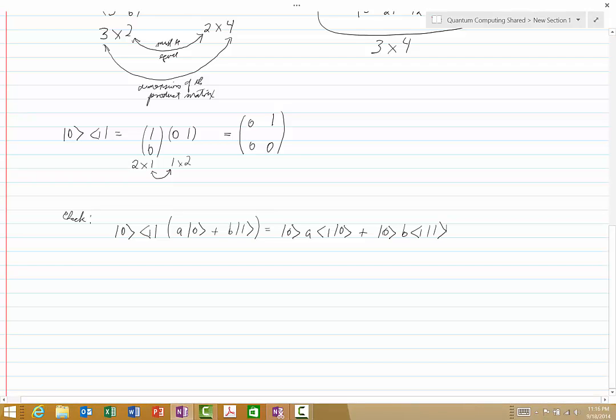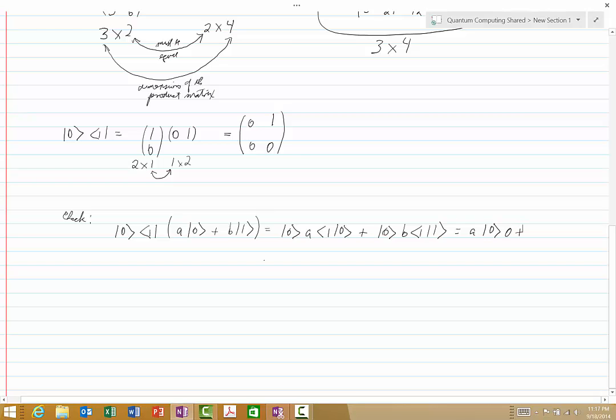And this will give us, we can bring this A all the way to the front, so we have A times the 0 bra, and now the inner product of 1 with 0 is 0.